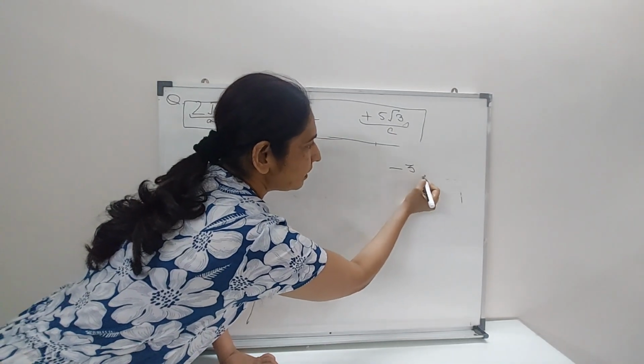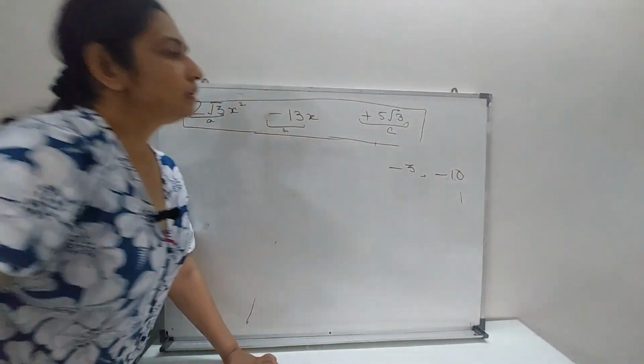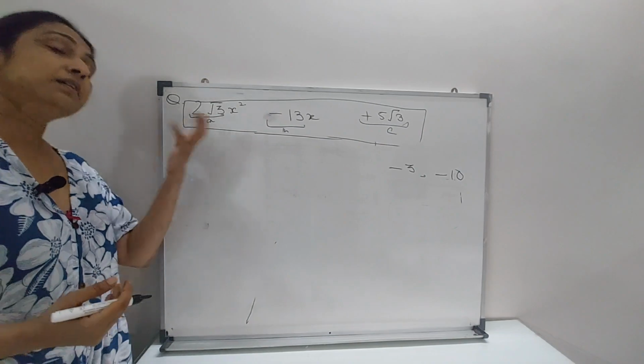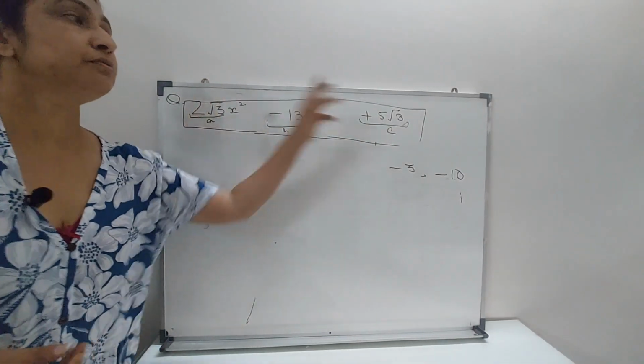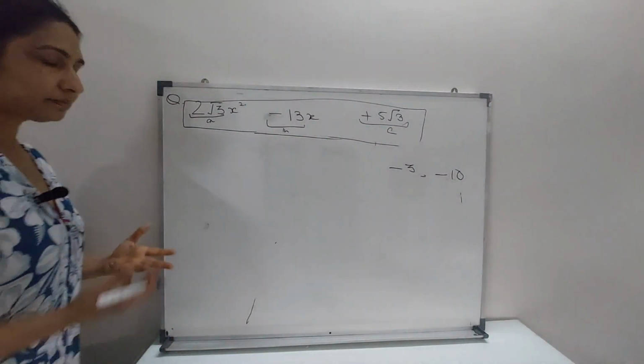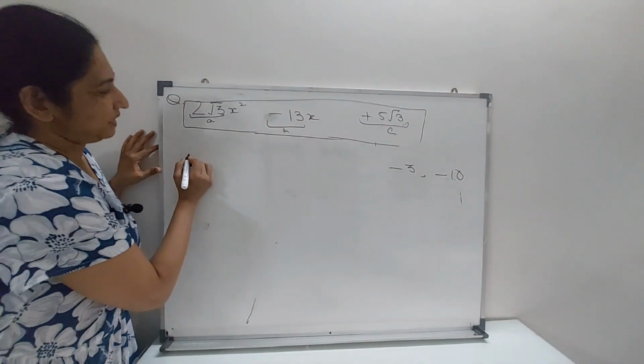Minus 3 and minus 10 are the factors that perfectly suited our equation in terms of B also, in terms of product also. Rest is just mechanical.